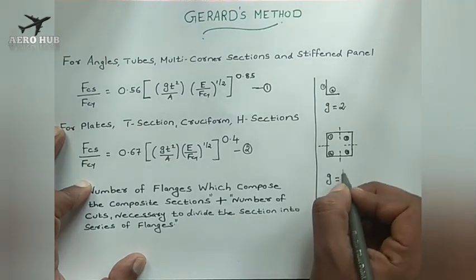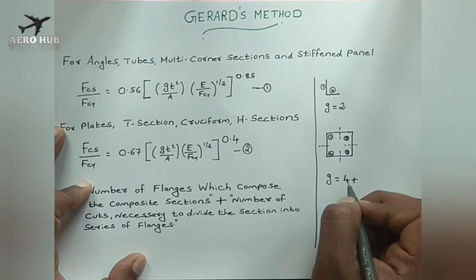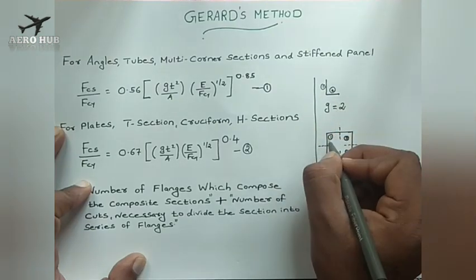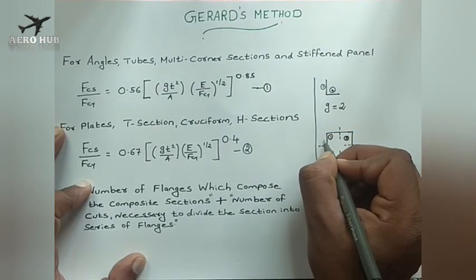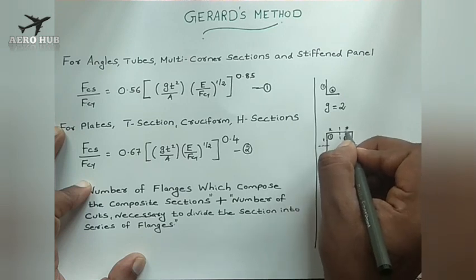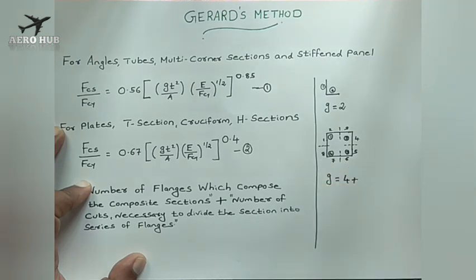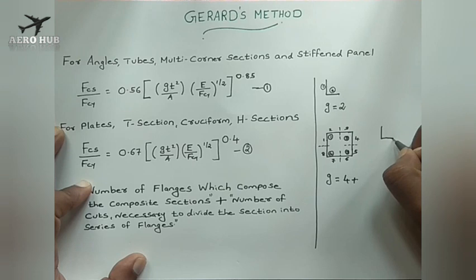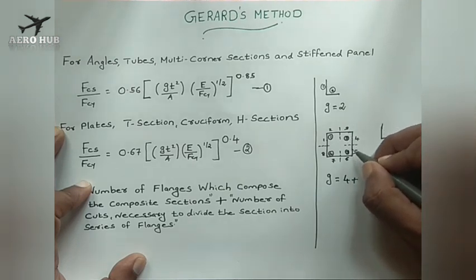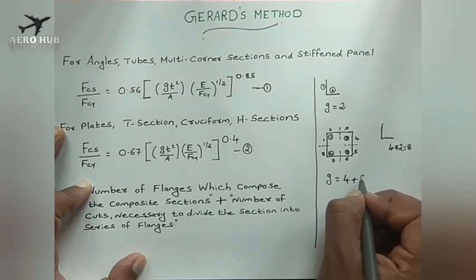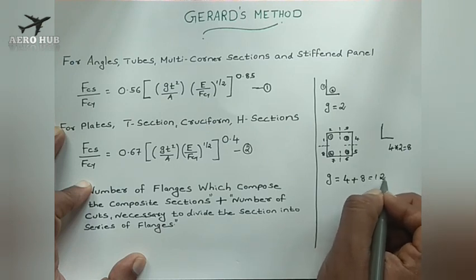So we made 4 cuts, plus the number of flanges. Each angle section has 2 flanges, so 4 angles into 2 gives 8 flanges in total. So the value of G is 4 plus 8, which is 12.